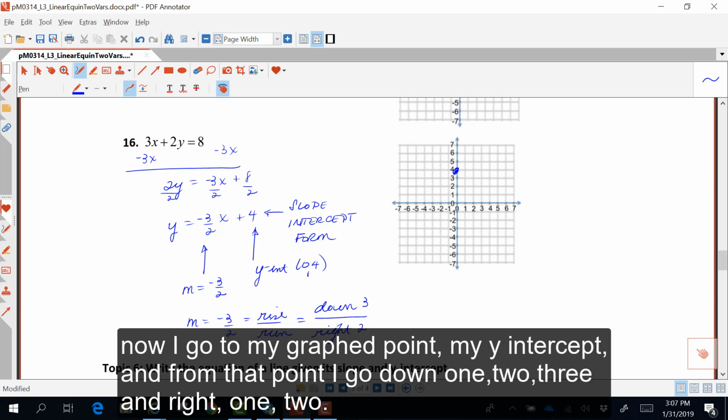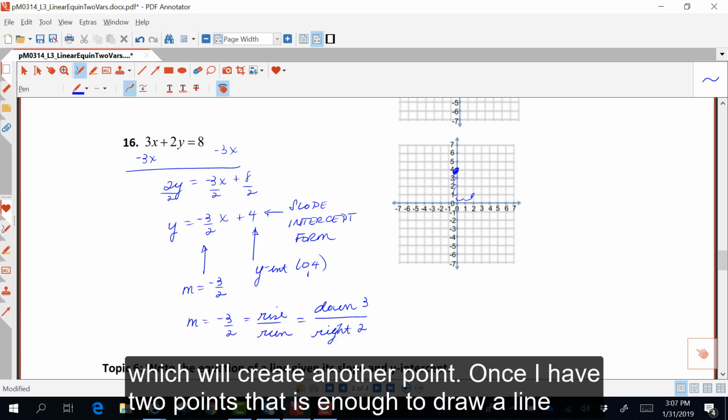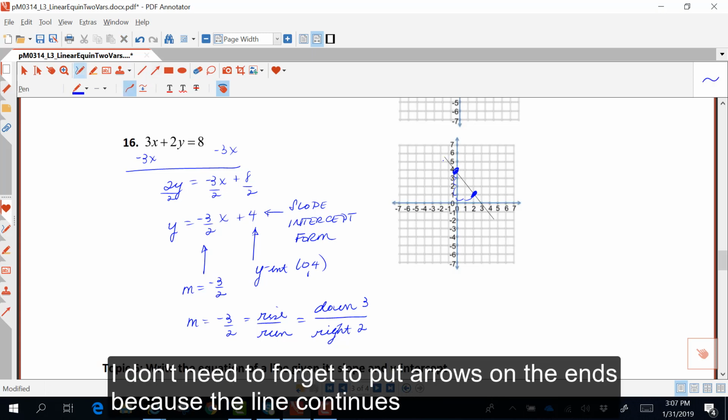So I go to my graphed point, my y-intercept, and from that point I go down 1, 2, 3, and I go right 1, 2 to create another point. Once I have 2 points, that's enough to draw a line. Now I don't need to forget to put the arrows on the ends because the line continues.